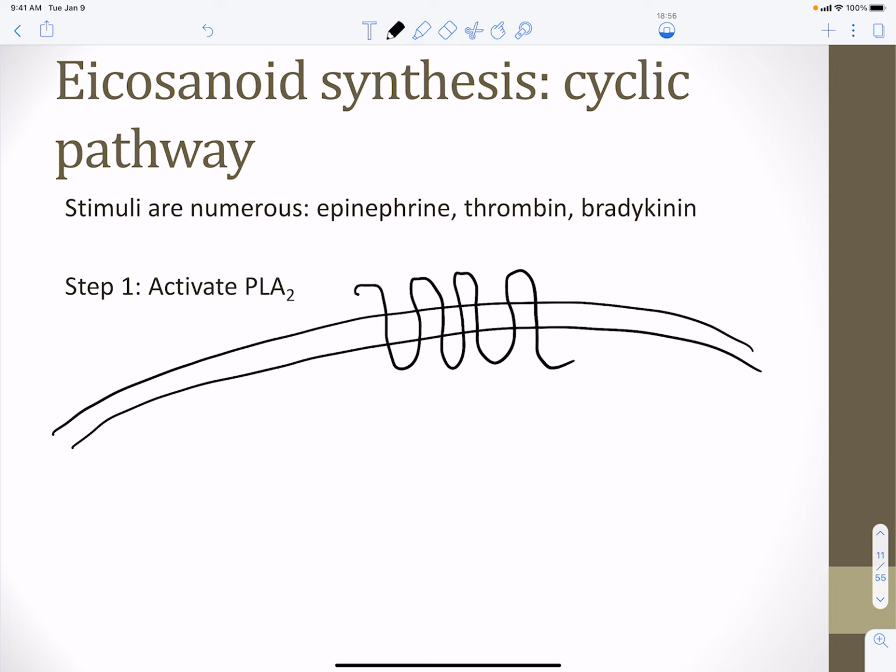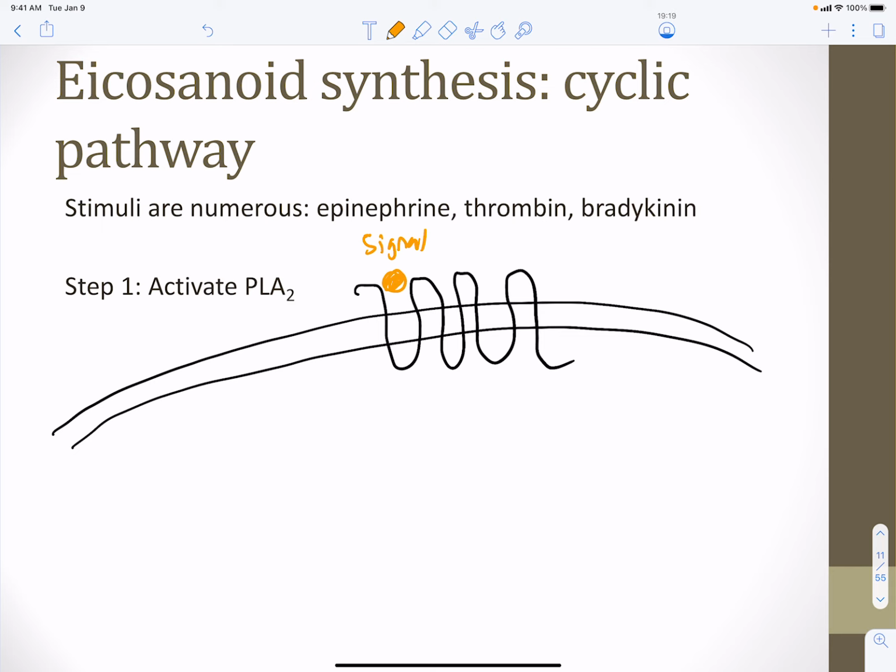And so you're going to get some signal. And then your signal is you're going to have a G alpha receptor. And so you have a G alpha activating as well as a G alpha potentially inhibiting.